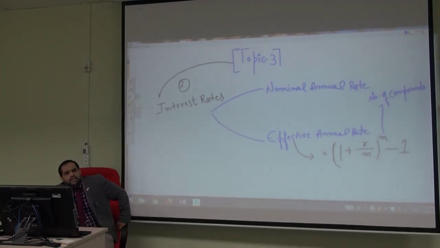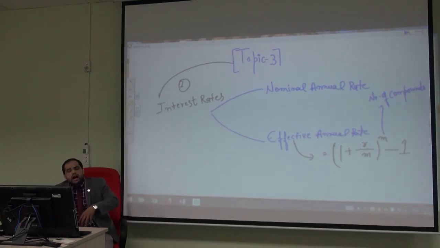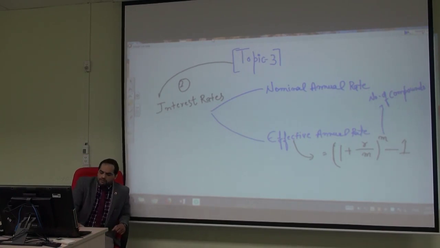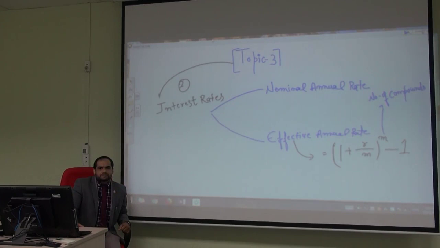The effective annual rate is generally higher than the nominal annual rate. The reason is that the effective annual rate is based upon compounding. Compounding means any interest which increases the principal amount.